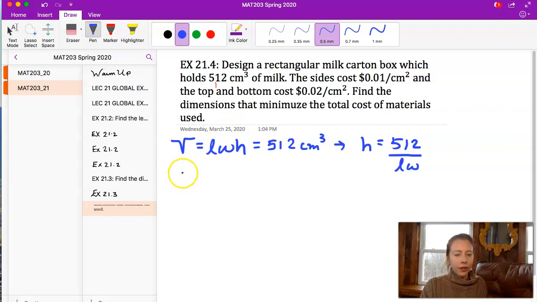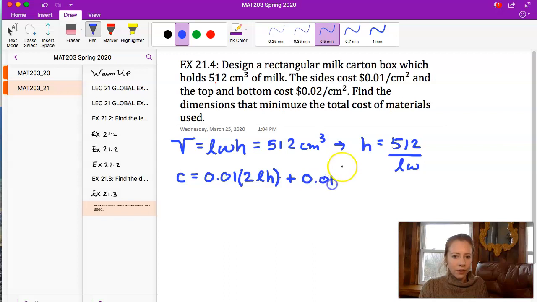So cost is going to be equal to 0.01, so 1 cent, times 2LH, or sorry, this is the sides, L times H are the sides, plus 0.01, so still looking at the sides, times 2WH.